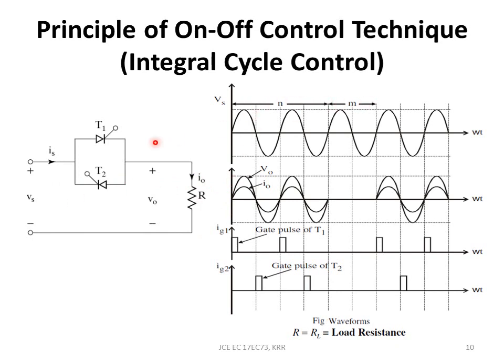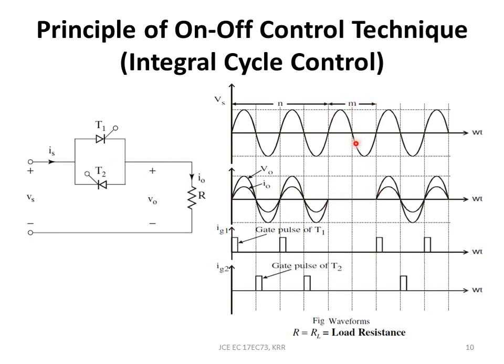During the m period, no firing angle will be given to T1 or T2. So at the input, even if there is a supply, since T1 and T2 are not conducting, no voltage will come at the output. There is no voltage, and that happens for m cycles.